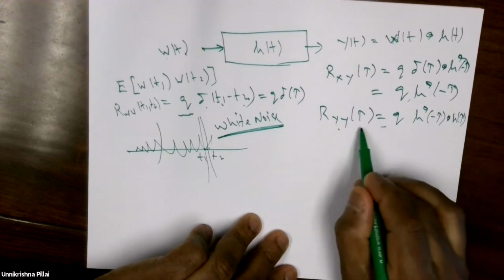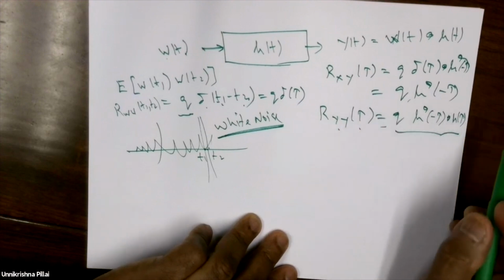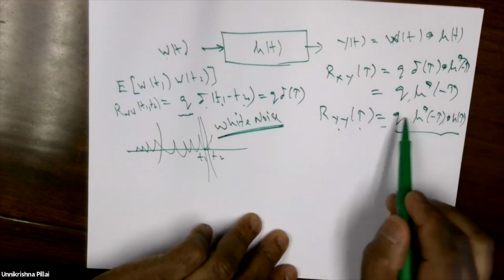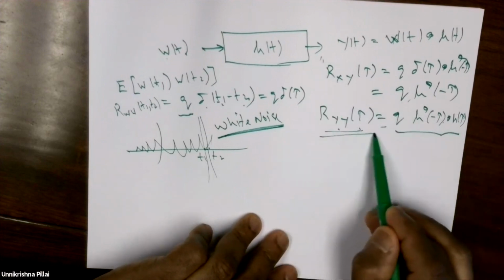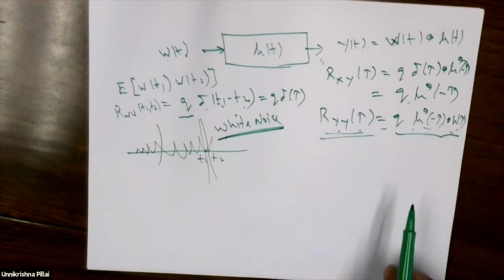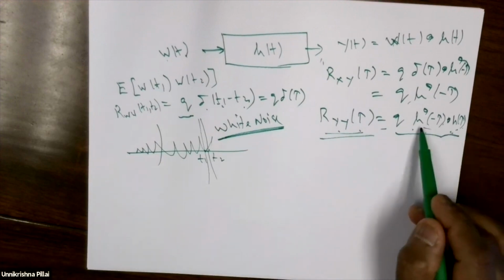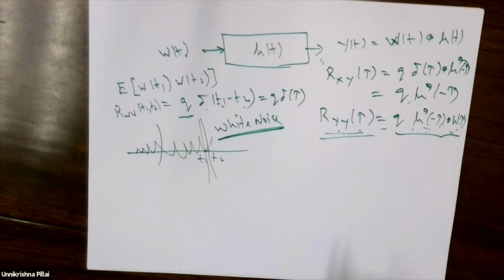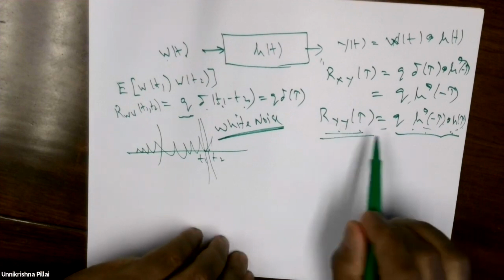So the bottom line is that the output is also wide-sense stationary. What I want you to understand is that the output autocorrelation depends only on the system properties. This has implications.